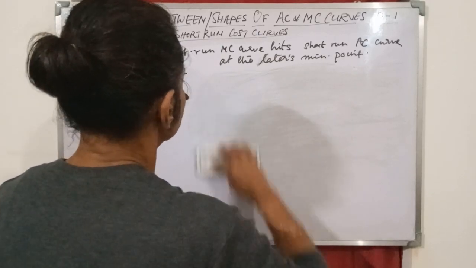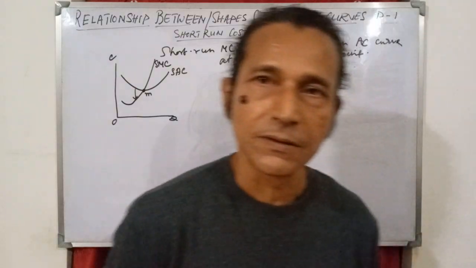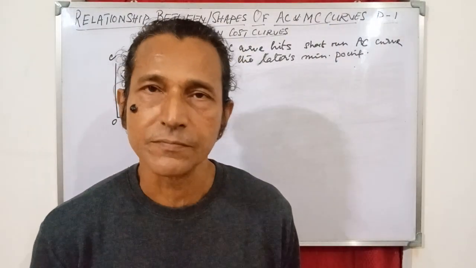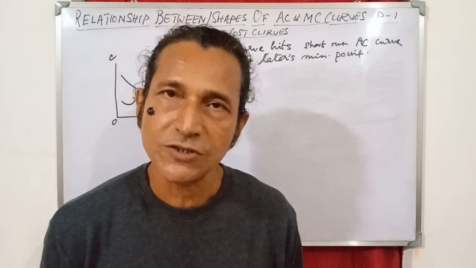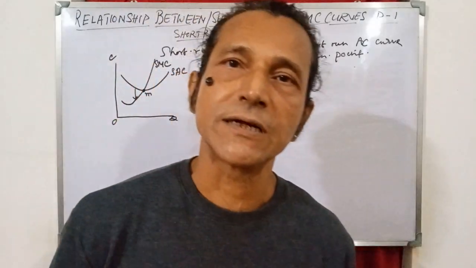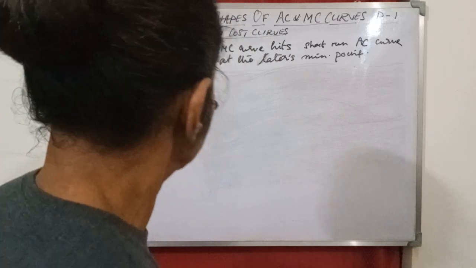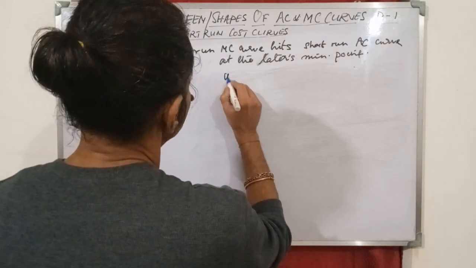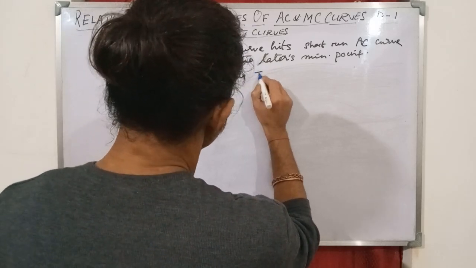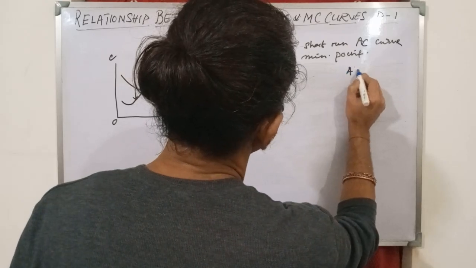Now we shall take one numerical example, that is to say a set of cost data, that is total cost, marginal cost and average cost for producing different units of output. This is units, this is total cost, this is marginal cost, and this is average cost.